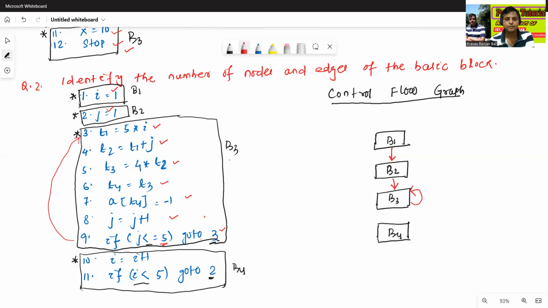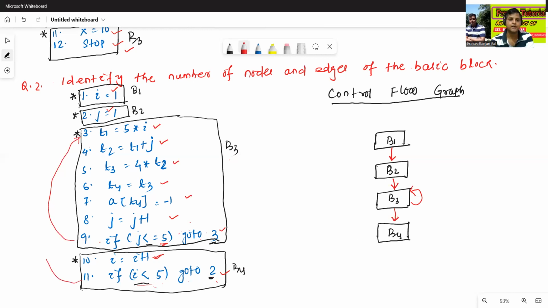Suppose my condition is false in line number 9. Then we'll execute line number 10. That means we can go from B3 to B4. Then we'll execute line number 11. Suppose the condition, if I is less than 5, is true, then we go to line number 2.